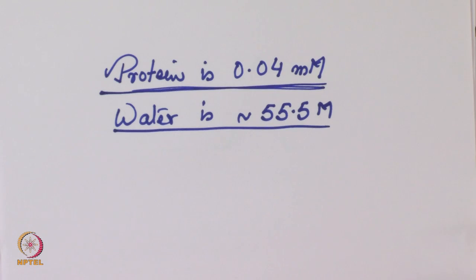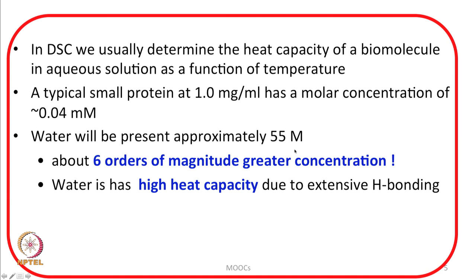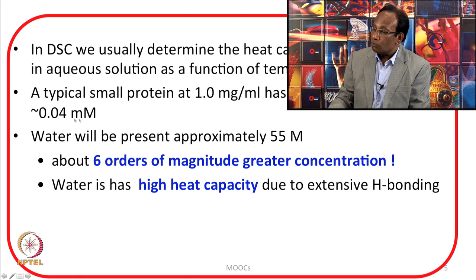And that is done by putting the reference solution in the reference cell. We will discuss more about that. So, that is what I was commenting upon, that water will be present approximately at 55.5 molar level, which is about 10 raised to the power 6 times the magnitude compared to the concentration of the protein.